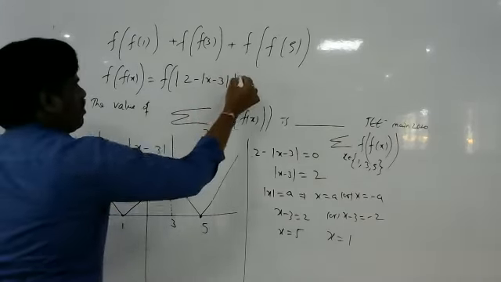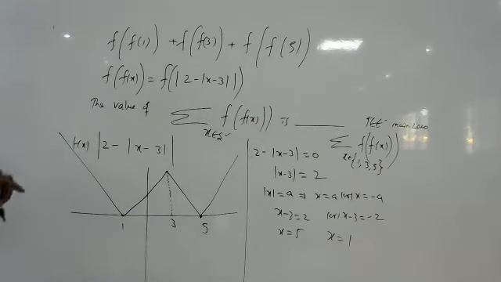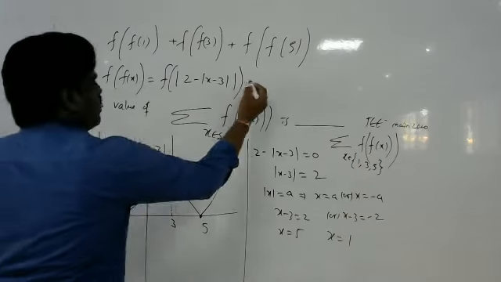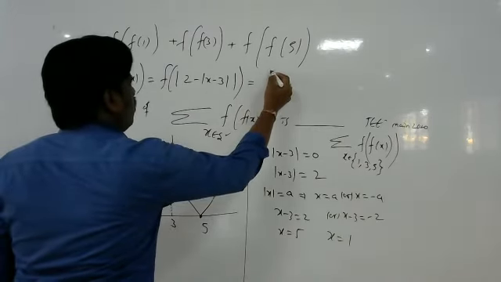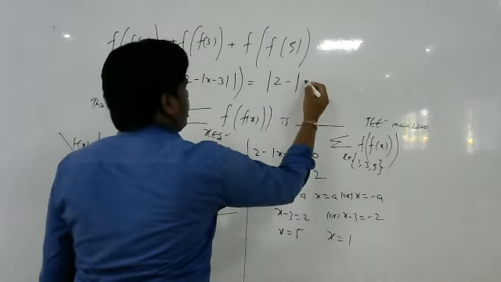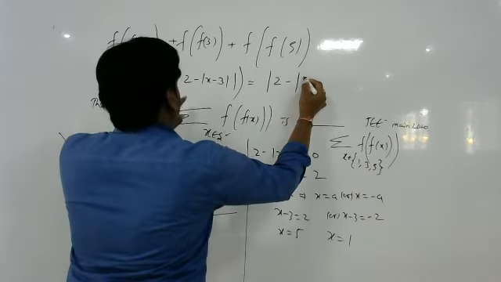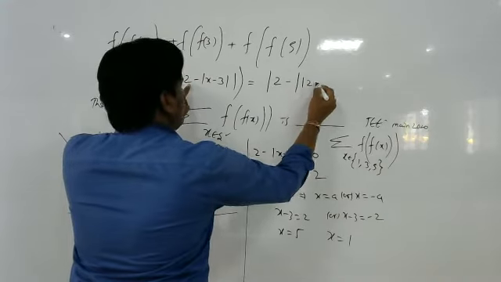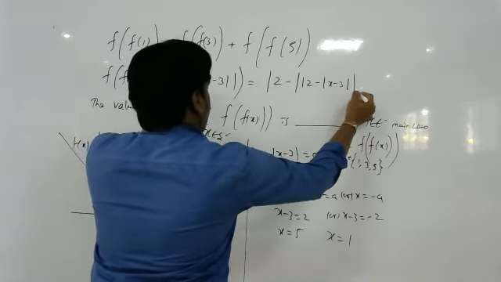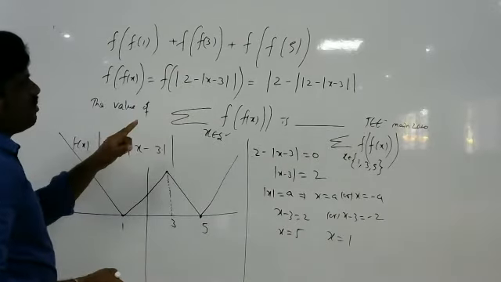Okay, this is the mod, and f of x means in the place of x this whole thing will come. So what I get here is mod of 2 minus mod of, in the place of x, mod of 2 minus mod of x minus 3. Okay, this is over, right?